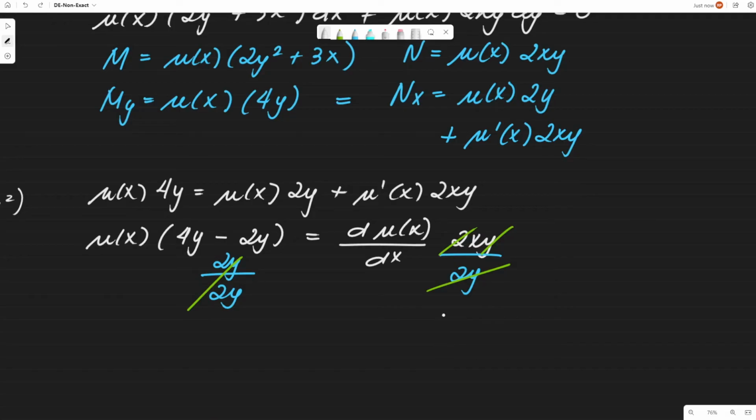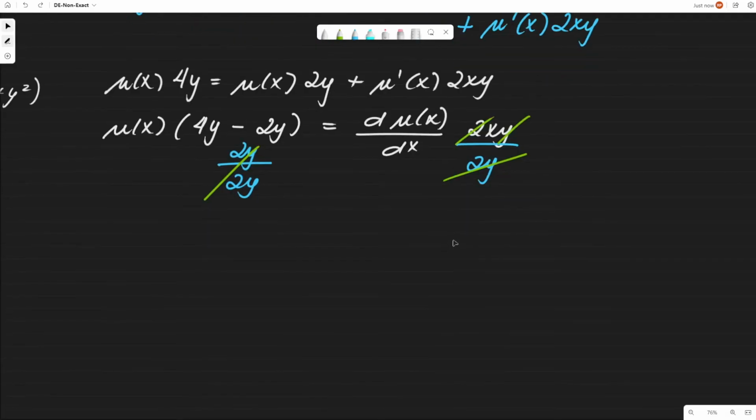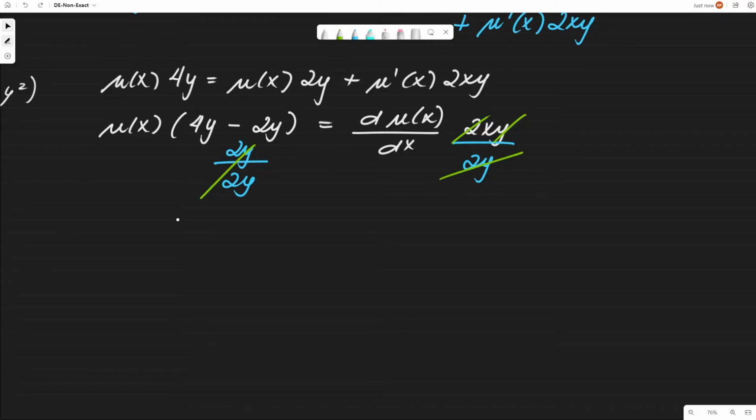Sorry, taas ko lang. Medyo naglalag. So we have mu of x is equal to, kasi na-cancel lang nga yung 2y, d mu of x over dx times x. Tapos, pagsamahin lahat ng dx at saka yung mu of x, tsaka yung d mu of x.